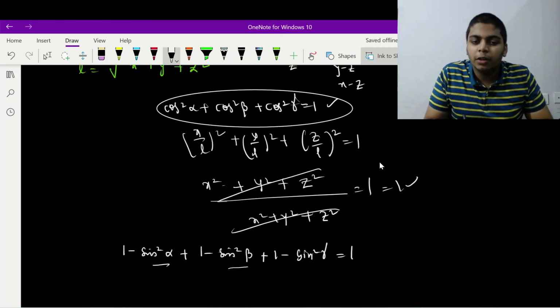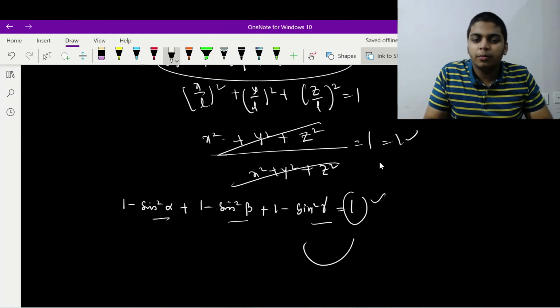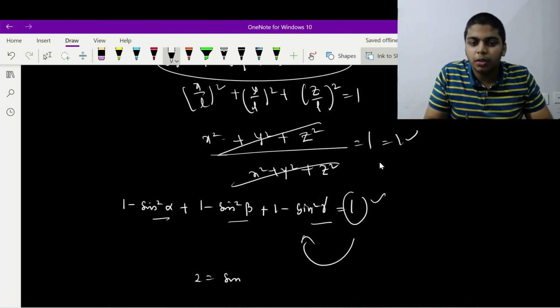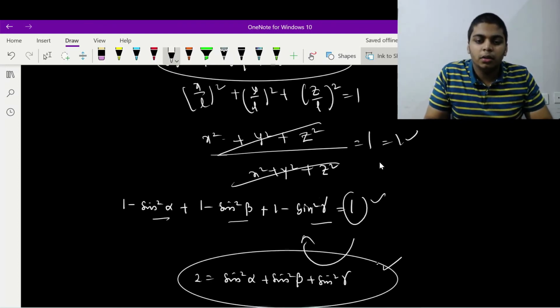So I'll pull all the sine terms to my right hand side, and I'll pull this 1 to my LHS. So 3 minus 1 is 2, right? So 2 is nothing but your sine square alpha plus sine square beta plus sine square gamma. So this is the sum of squares of sine alpha, sine beta, and sine gamma.